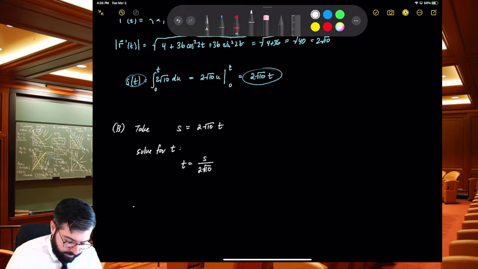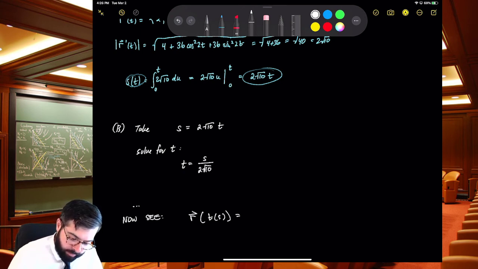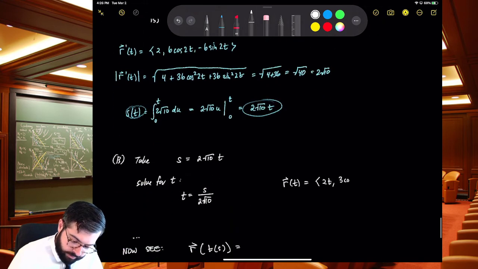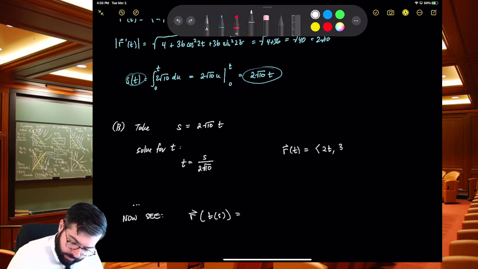So now what we have is r of t of s, which before, let me pull up our previous, because it's way up there. r of t was what? 2t, 3 cos 2t, 3 sine 2t.